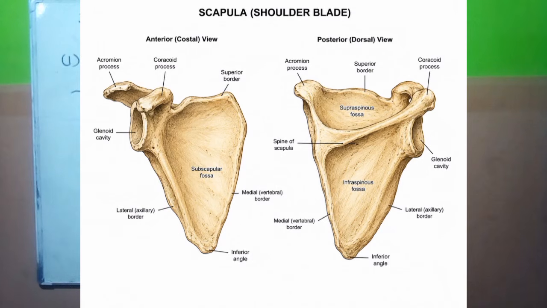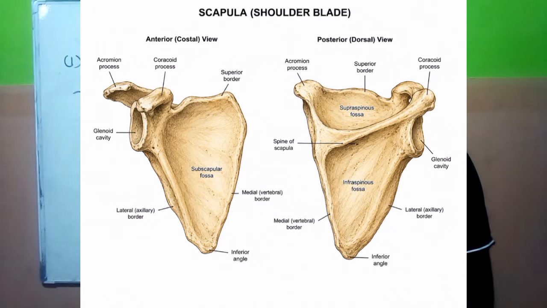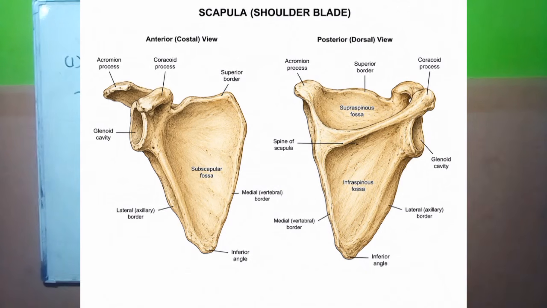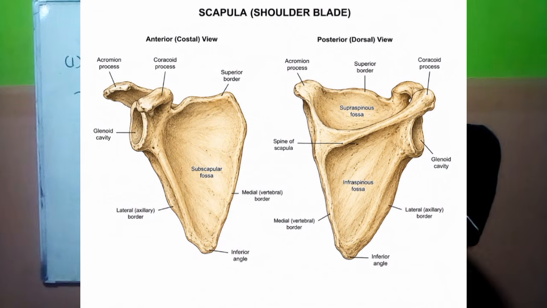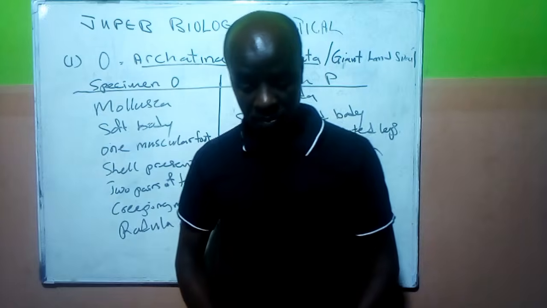Some of the functions include: it serves for attachment of muscles. It forms the ball and socket joint with the humerus at the shoulder. One of the joints we call the ball and socket joint.